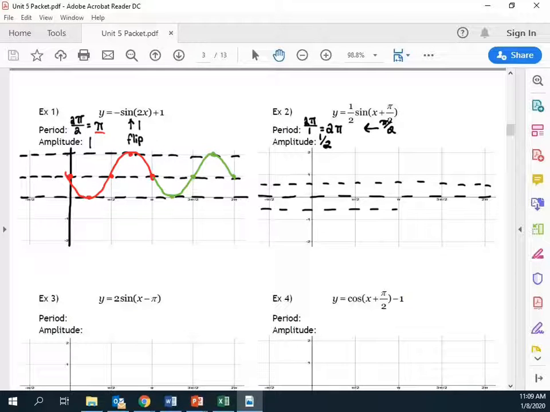Same distance. So there's your center, your max, your min. Did we do a horizontal shift? Which way? Left, pi over 2. So I'm going to draw a new starting line. It's there. All right. Max, min, new middle, new starting line.